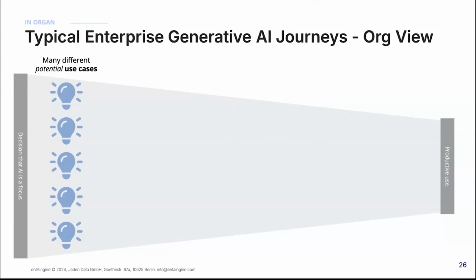But usually there is some sort of decision that this is a focus now. Then in larger organizations, usually the least problem that people have is a lack of ideas. There is an overflow of ideas of what people would like to try out and how they would like to work better. That's really human nature, because in the end, generative AI applications are meant to make your life easier, and everybody who works wants to have an easier life.